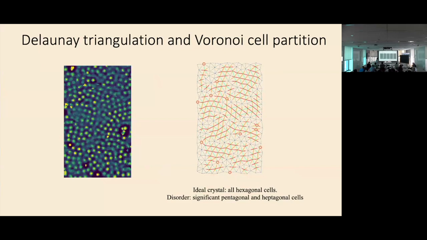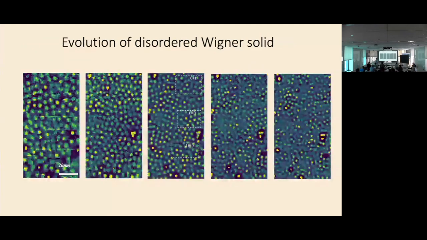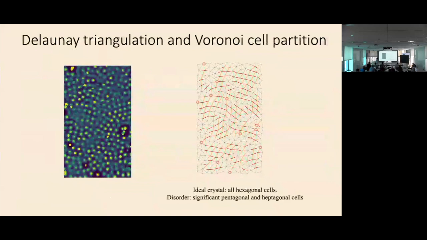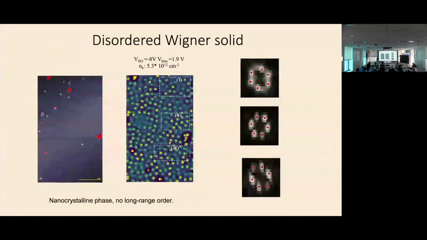common. And then what we can do is change the electron density and study how the solid behavior changes, and also at the end at very high density, how they melt. So, okay, maybe just one comment. This actually is already at 5 × 10^12 centimeters^-2.